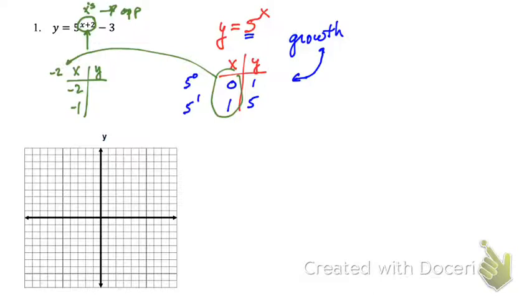We have a minus 3 out back, which is not up in the exponent. Remember, that affects your y's, and it affects them exactly the way it looks. So we will subtract 3 from our y's. We'll take our 1 and 5 that we have for our y values, subtract 3, and we get negative 2, and what do we get?